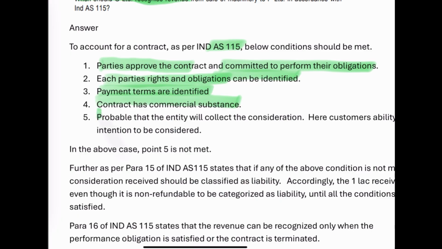In the last condition, it is probable that the entity will collect the consideration. So here it's a bit of a question mark, because this cannot be satisfied: there is a big concern, or no clarity, on whether P Limited can pay G Limited, because it depends solely on how P Limited generates its income.